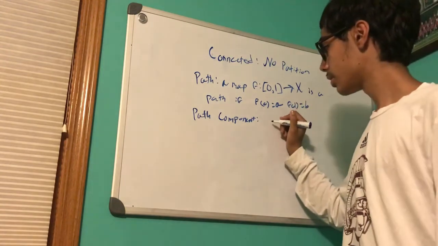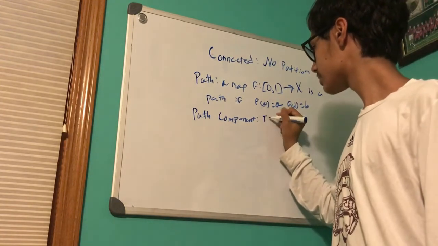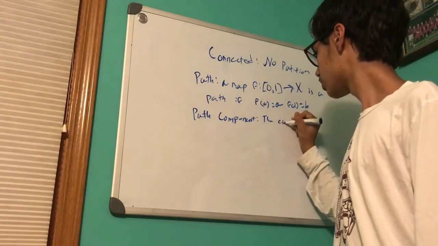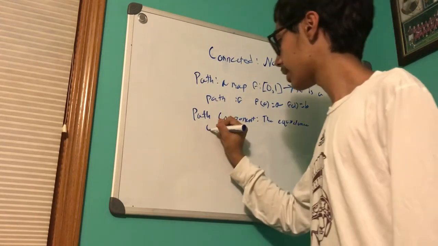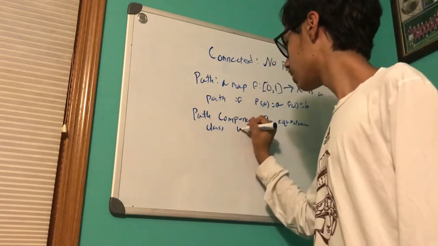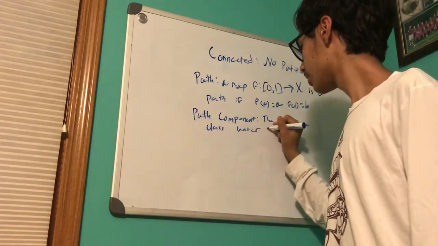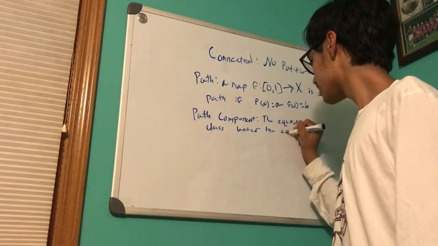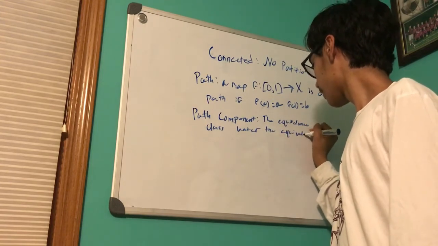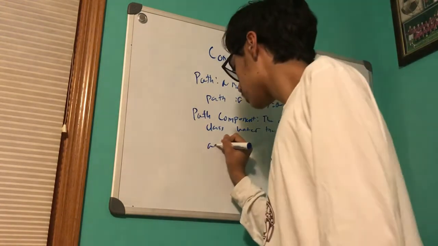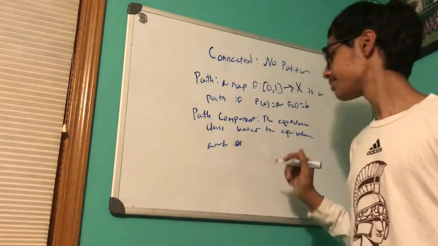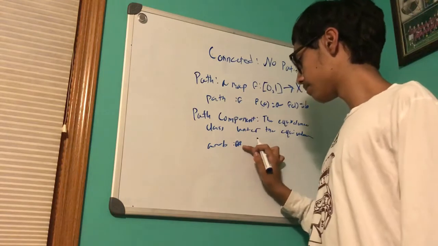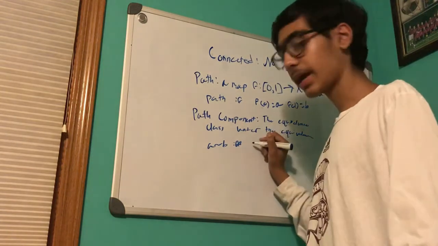So, it's the equivalence class under the equivalence: A is equivalent to B if there's a path between these points.